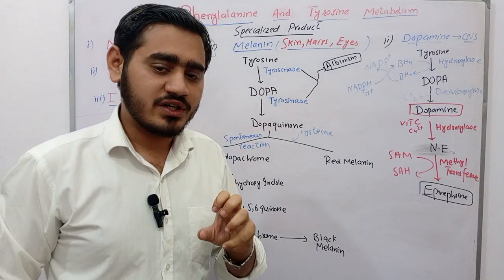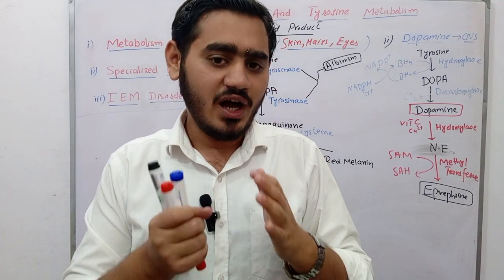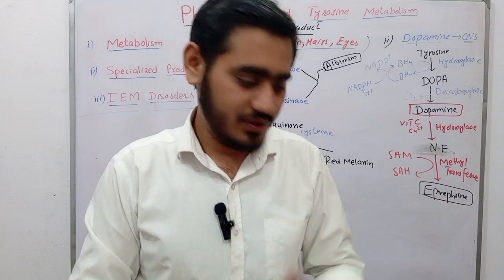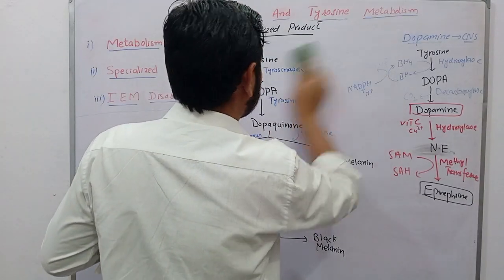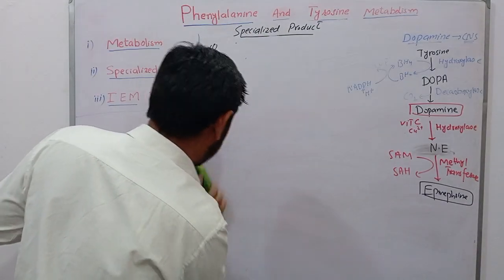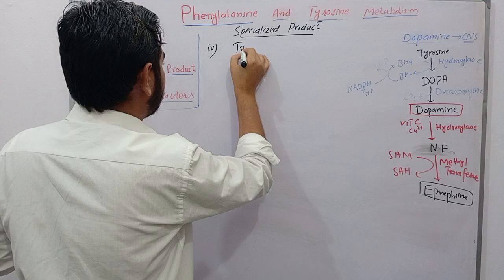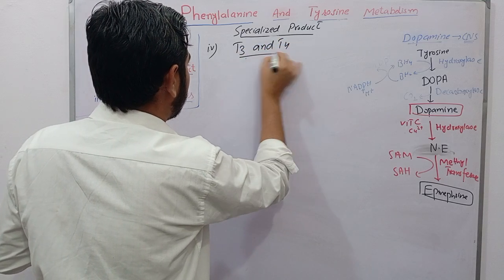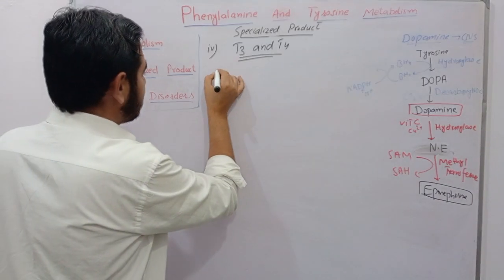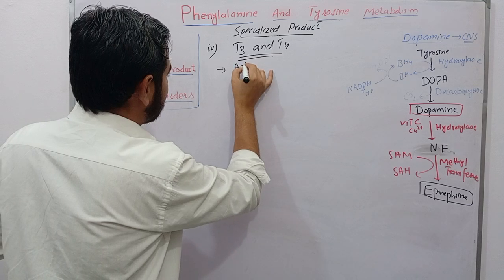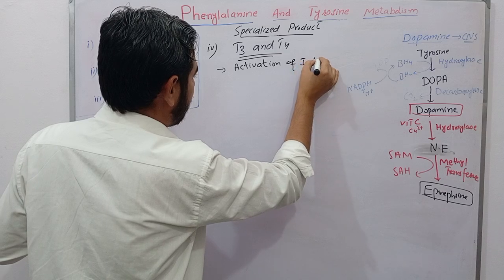Now coming toward the last product, that is synthesis of T3 and T4 in thyroid gland, that is triiodothyronine and tetraiodothyronine. The first step is activation of iodine.